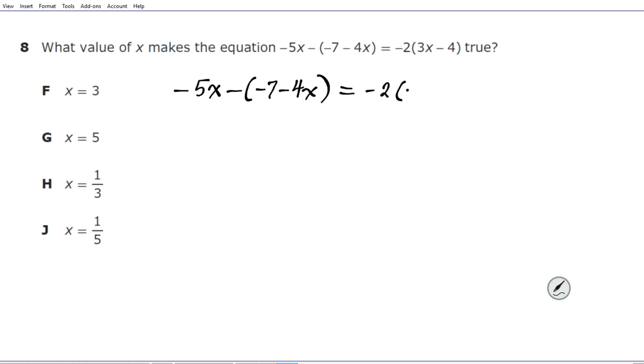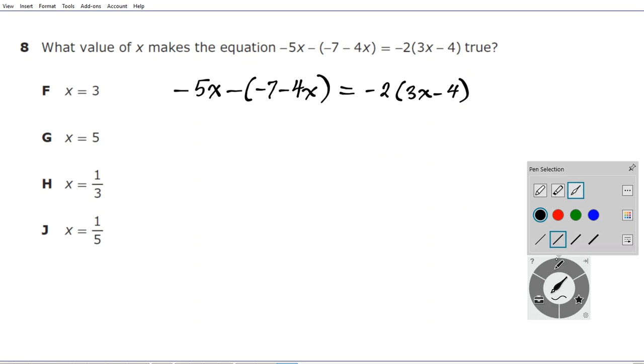We talked about this in the previous clip concerning distribution. If you have a negative in front, be sure to distribute that negative to every single term in the parentheses. We'll bring down negative 5x. In front of this parenthesis we have the invisible 1, which has a negative sign.